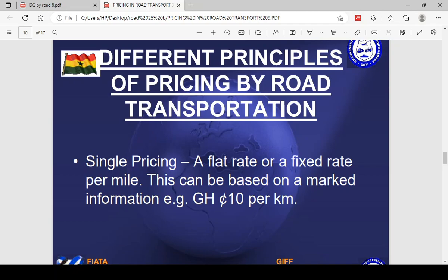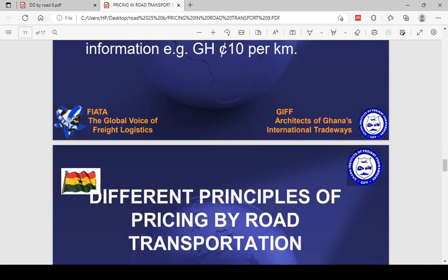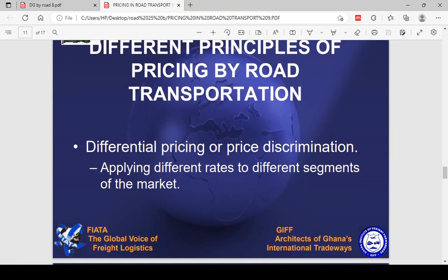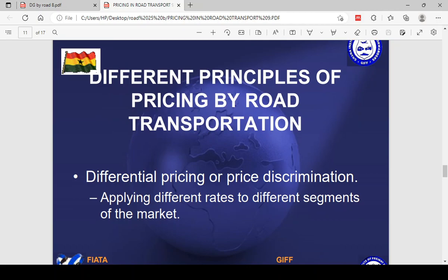And flat rate. Then the differential pricing or price discrimination. You apply different rates to different segments of the market. You see this man, he's a white man, he's a handsome man, he's an ugly man, or he resembles your uncle.